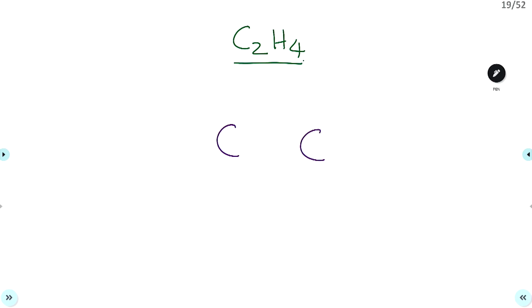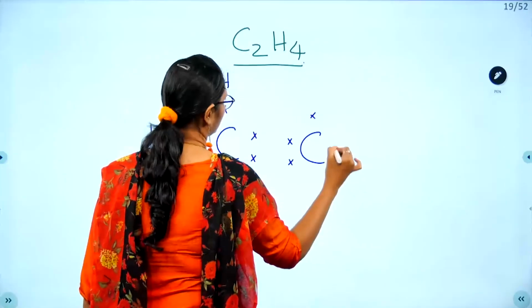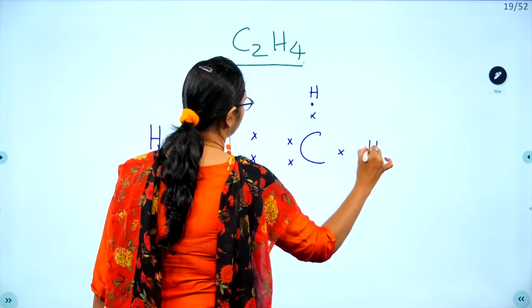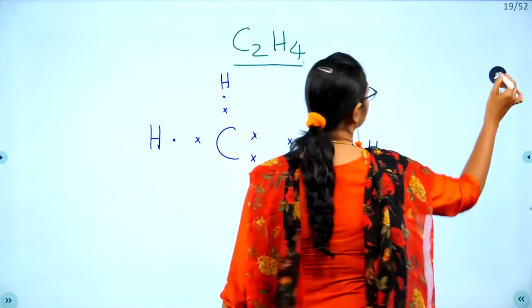You know double bond means 2 electrons will be there, okay. And then 1 here, 1 here. And hydrogen has 1 electron. Now if you take similarly this carbon, 1 hydrogen here, 1 hydrogen here. Now let us see the sharing part.